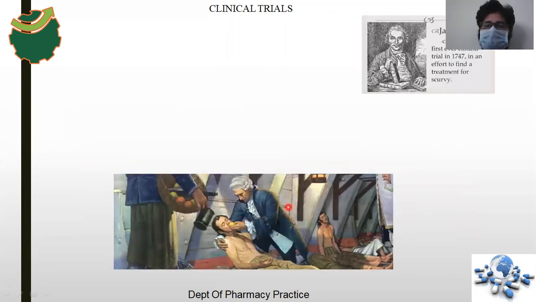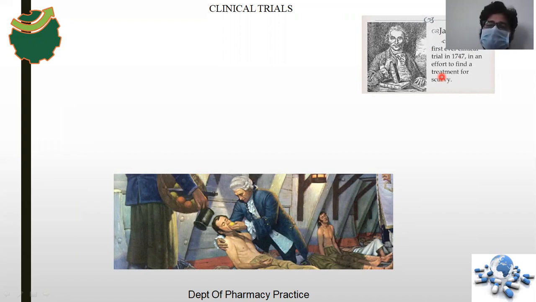These are the first known clinical trials which are recorded. We already saw this one, James Lind. These are the first people whose clinical trials have been recorded in history. We already discussed this in the introduction to clinical research.